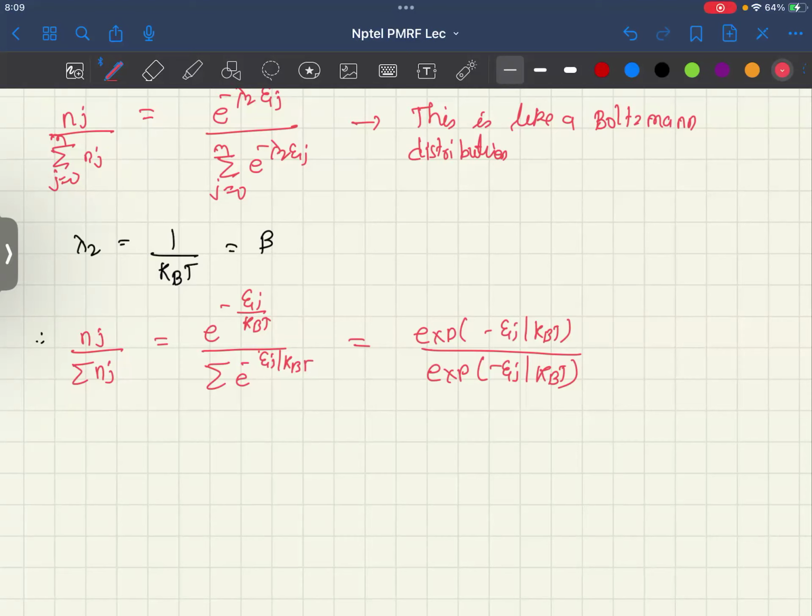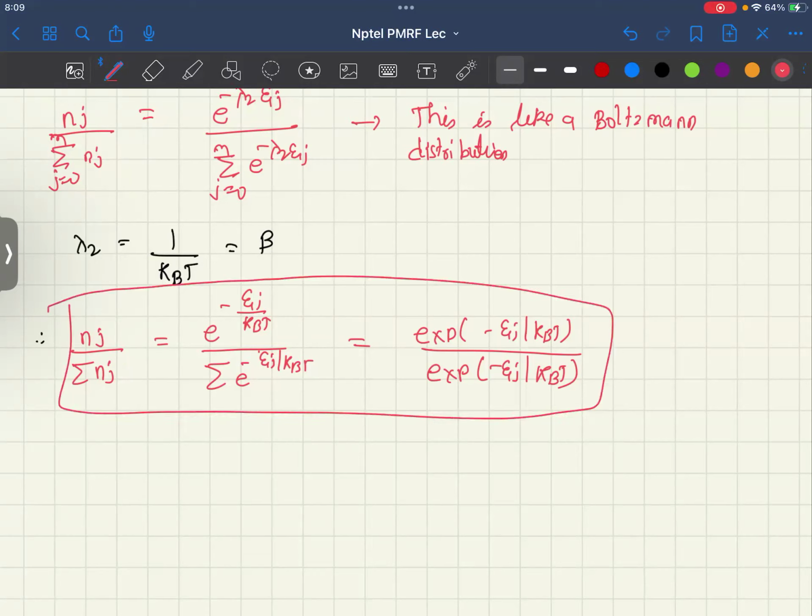This is the partition function for the canonical ensemble, microcanonical ensemble. This is the most probable distribution.